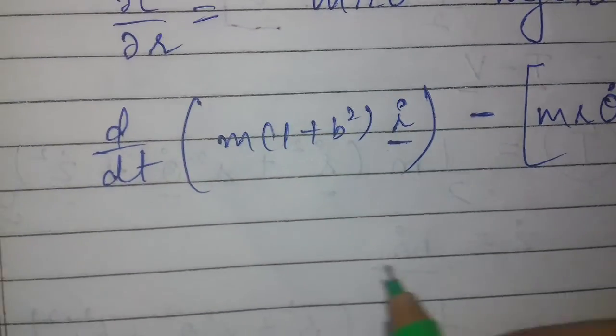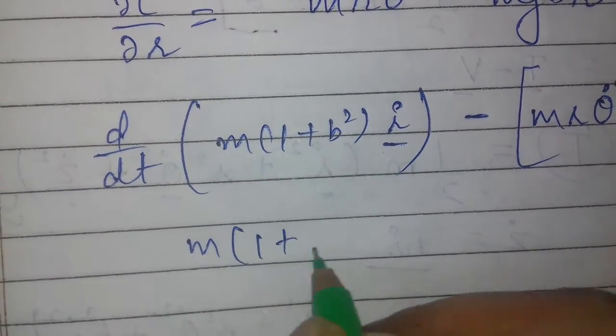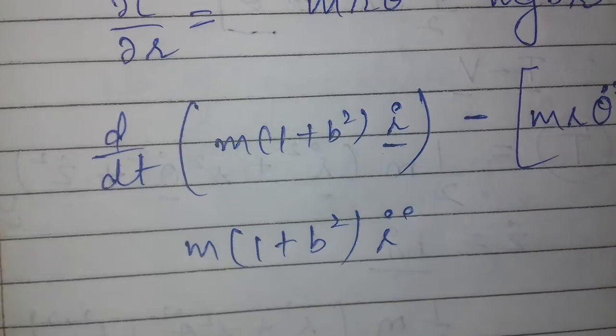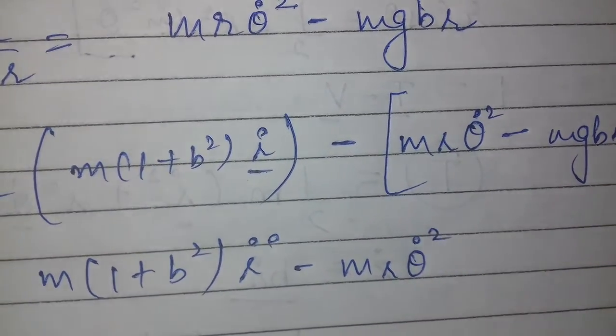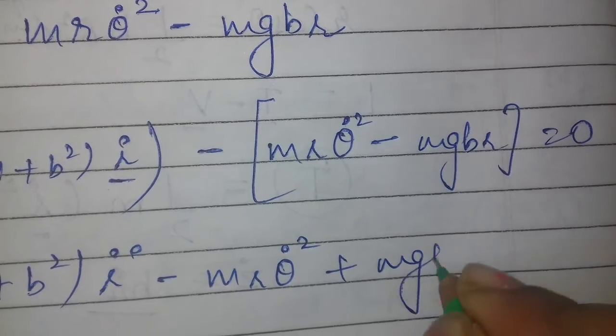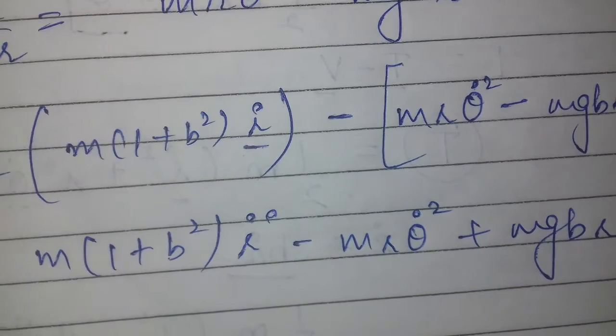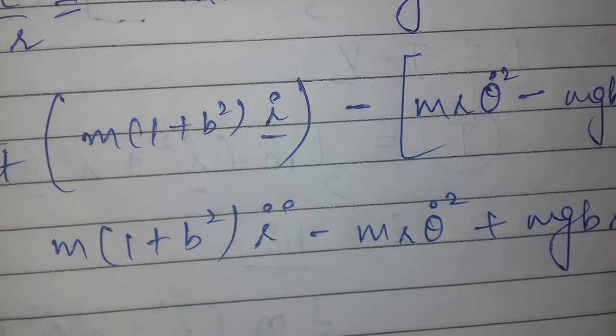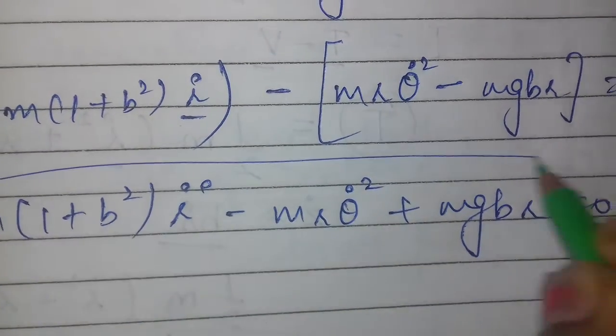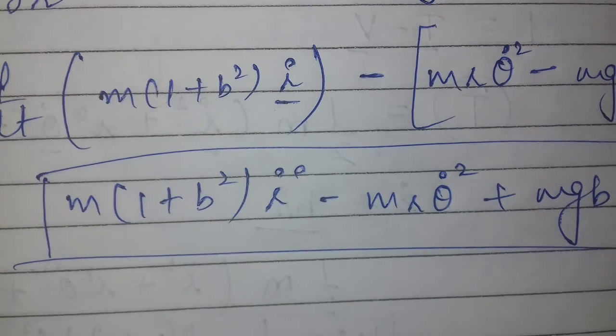So this will become m(1 plus b square) r double dot minus m r theta dot square plus mgb r is your 0. So this is your equation of motion for the generalized coordinate.